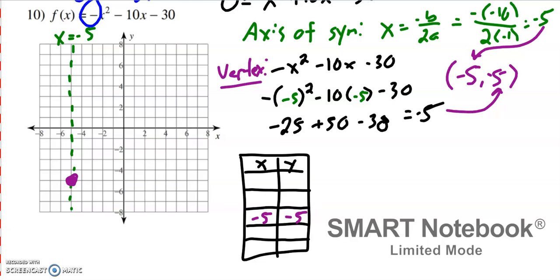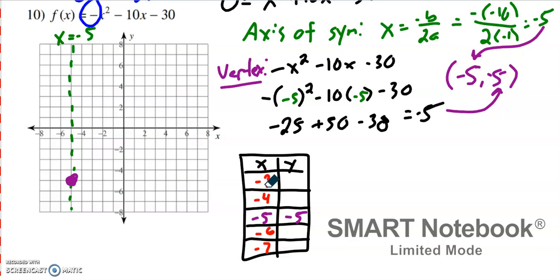What we now want to do is choose 2 values to the left of the axis of symmetry and 2 values to the right of the axis of symmetry. Well, if I'm going to the left, I have -6 and -7. Likewise, -4 and -3. Now, whatever I get for -3 as my x, it's going to be the same as my -7. Whatever I get for -4 is going to be the same for my -6.